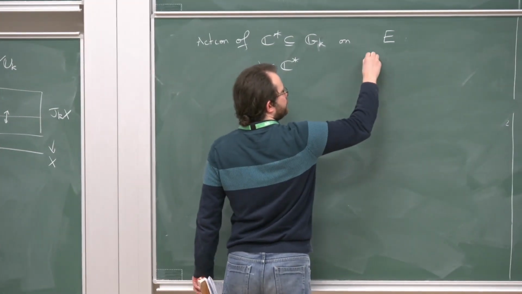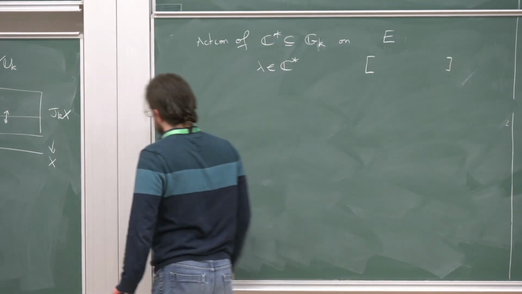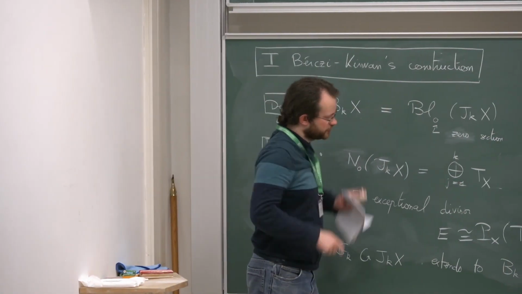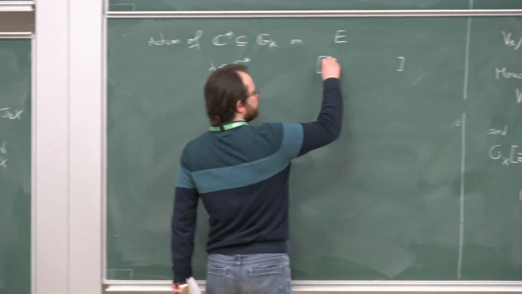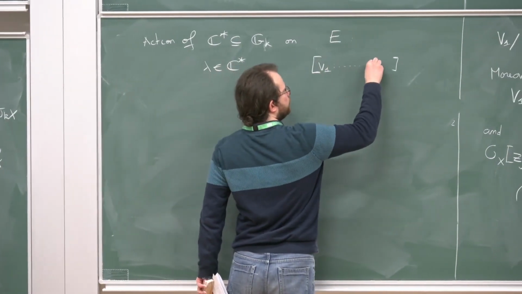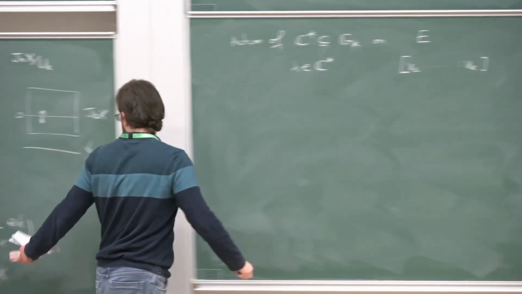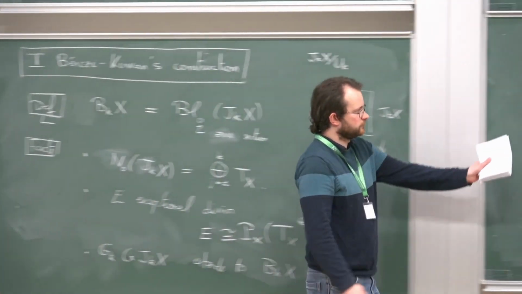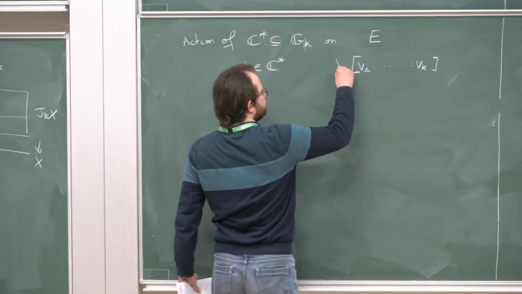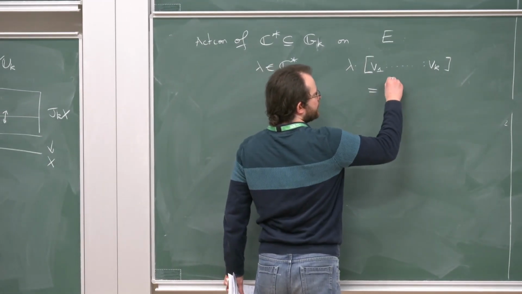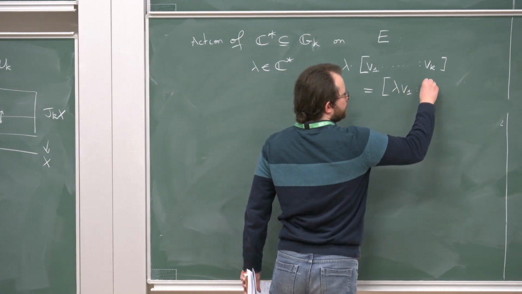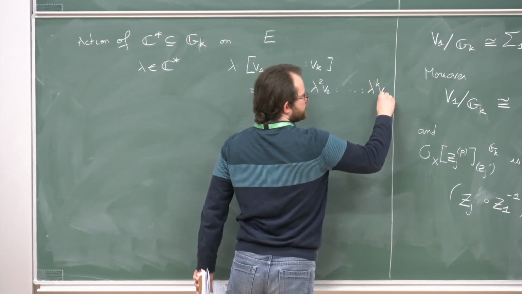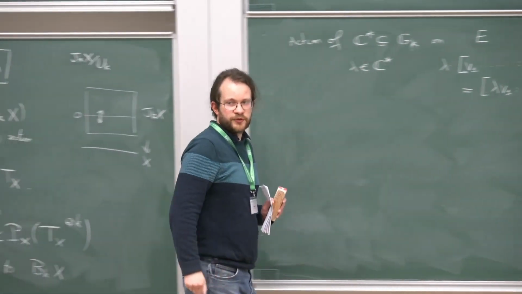If you have a vector in E, by this description, at least fiber-wise, you can write it as a homogeneous element of the projectivized bundle here, with elements given by vectors v_1 to v_k in the tangent space, and you make lambda act on it, and you get lambda times v_1, lambda squared times v_2, lambda^k times v_k. So it's a weighted action with weights 1 to k.